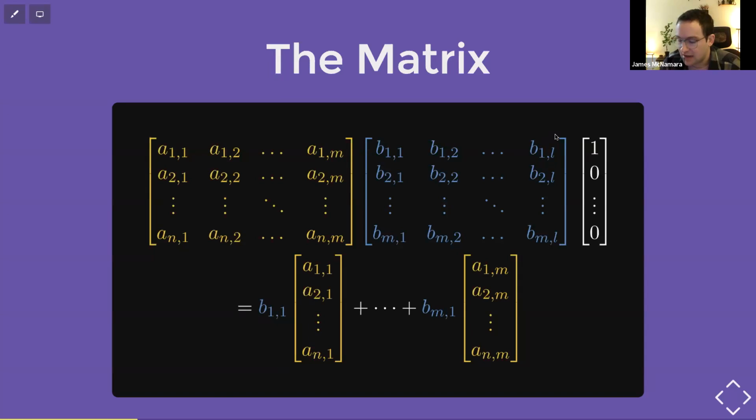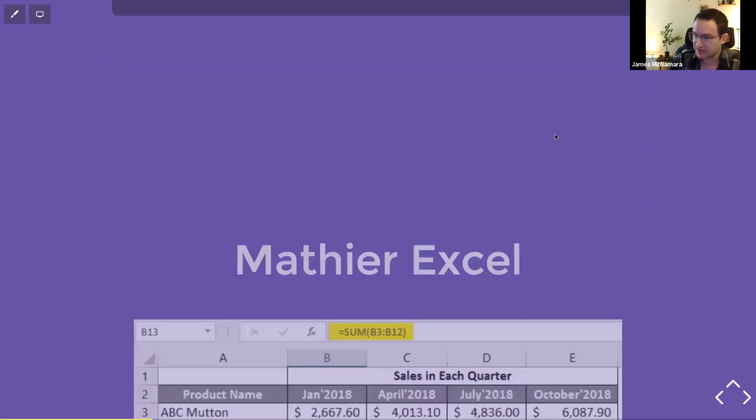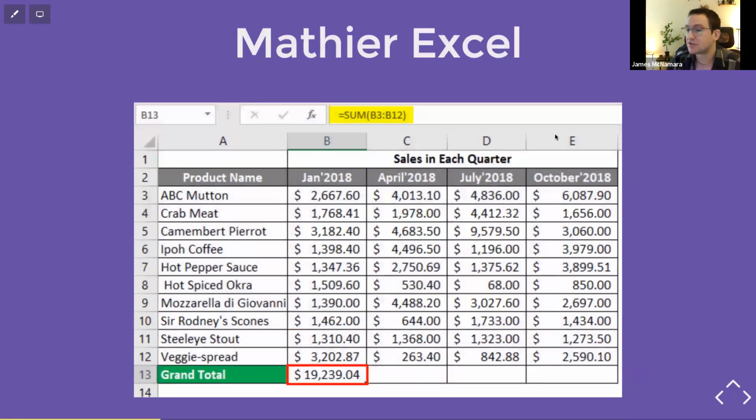But an important reframing is that when we talk about dimensionality in linear algebra, it's much more like an Excel spreadsheet. If we look at the numbers in this spreadsheet, the columns tell you the dimensionality. So this is a four-dimensional matrix, or a four-dimensional space, that we're working with. And each entry is just a row in that matrix.